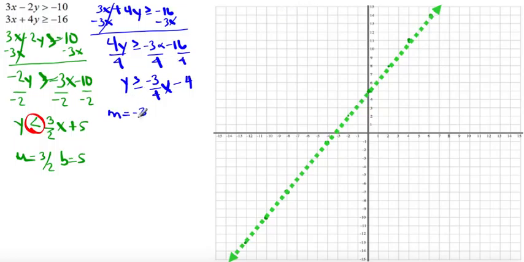Alright, do the same thing for the blue line. My slope is negative 3/4. My y-intercept is negative 4, so I start my graph at negative 4. And I go down 3 to the right 4. And then to extend my line, I have to go up 3 to the left 4.